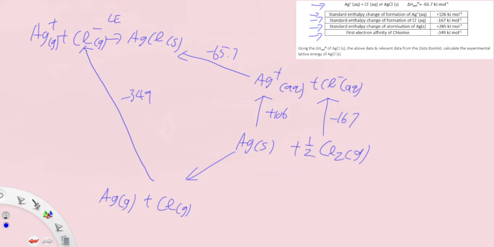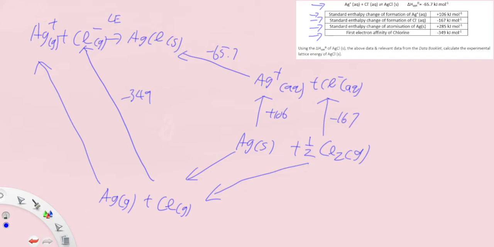All right, so we've used all pieces of information given, and we need to use the data from the data booklet. What are we missing? We're missing how we form this silver ion, and it's likely going to come from the gaseous silver atom. How are we going to get this gaseous chlorine atom? It will come from the chlorine gas. This is how you piece your information together, and with experience you can easily know how.